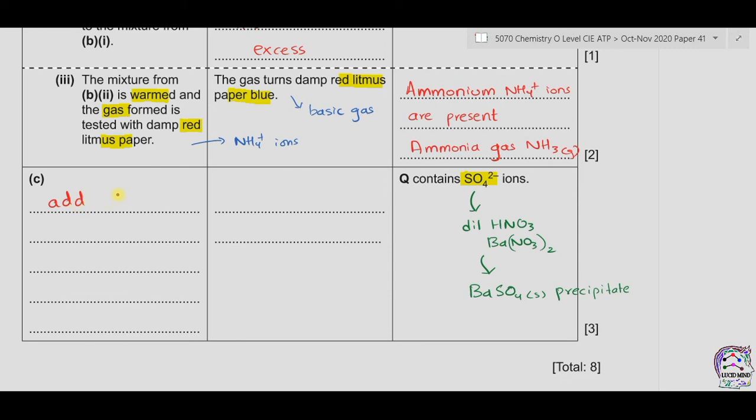Add aqueous barium nitrate, then add dilute nitric acid. The observation is the formation of a white precipitate, so we can write white precipitate is formed.